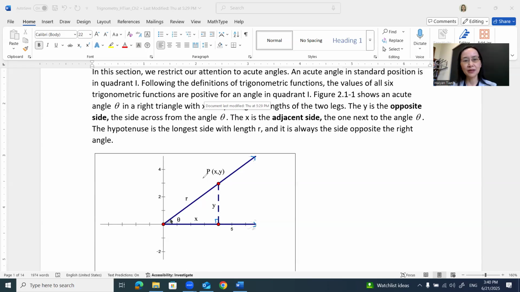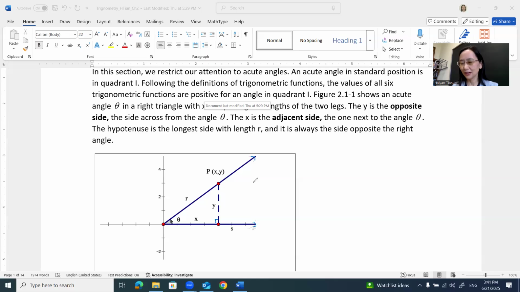So here is the point, this P. Theta is clearly acute, so this terminal side is in the first quadrant, and therefore the x, y coordinates are positive. So we can quickly label this: this is the x value and the y value of the point P. They are both positive.